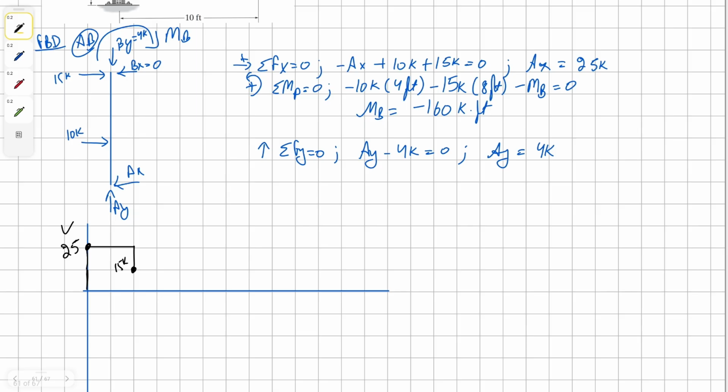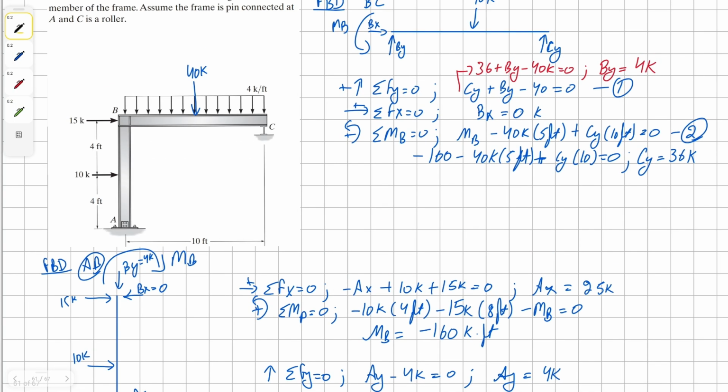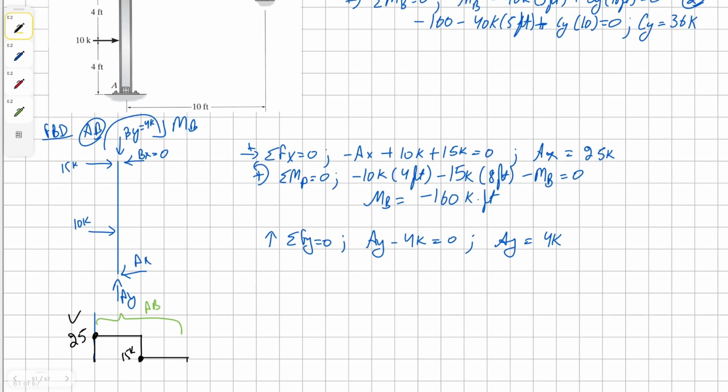And then again, nothing's going to happen for 4 feet. And then we're going to get pushed down 15 and we come down to 0. And we stop here, and this is our portion AB. And now for the next portion, BC, we begin with By, so our By is positive 4K.